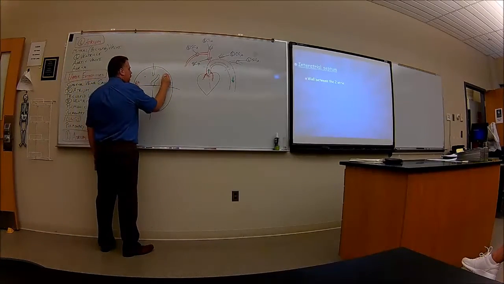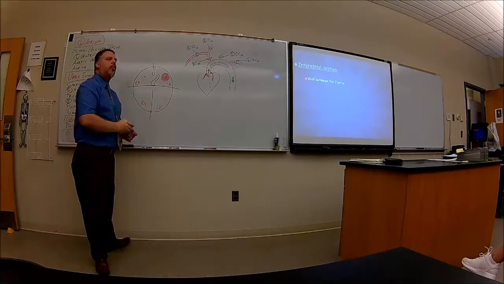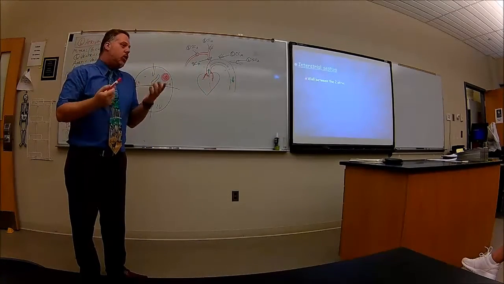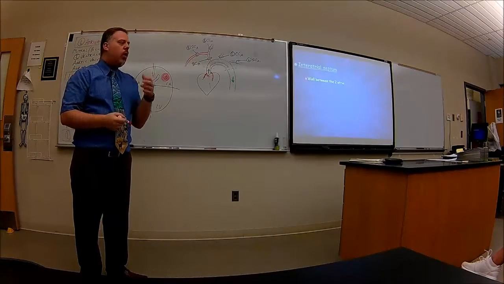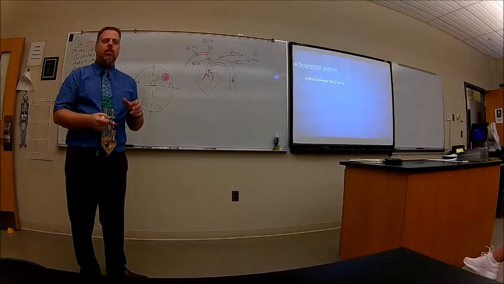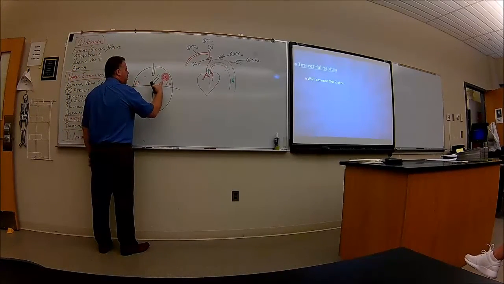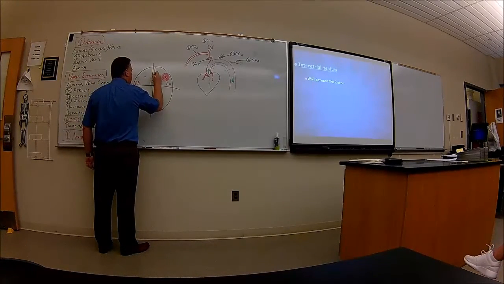When the pressure is higher here, it's going to push this valve, and this opening is called a foramen ovale. It's all written up there, you'll see it. Foramen, as you learn from bones, is a hole. Ovale because it's round, or oval rather. Okay? So this foramen ovale, when this pressure in the left atrium is higher than it is in the right atrium, then this valve is going to close.